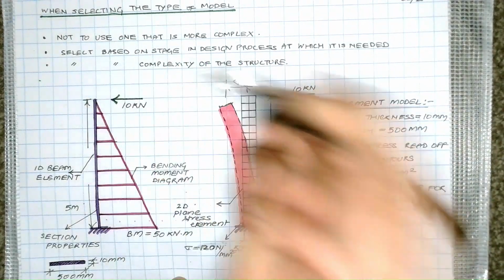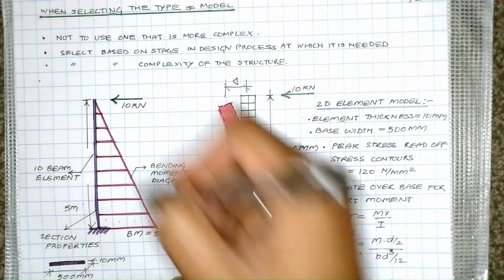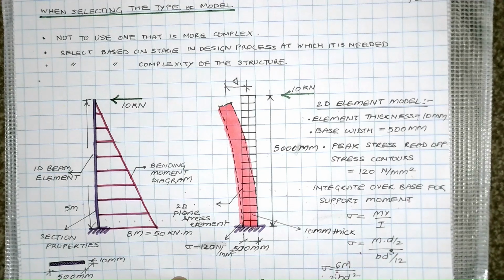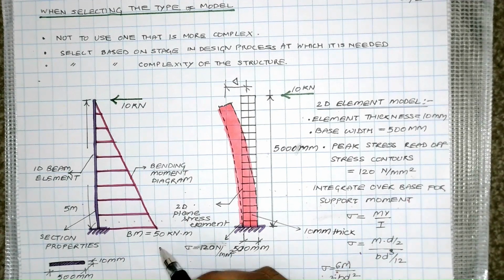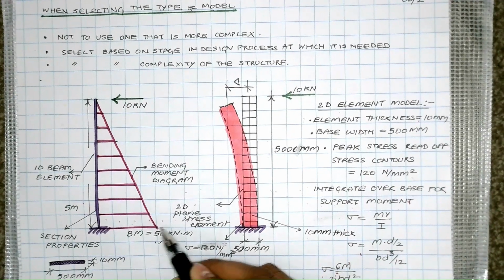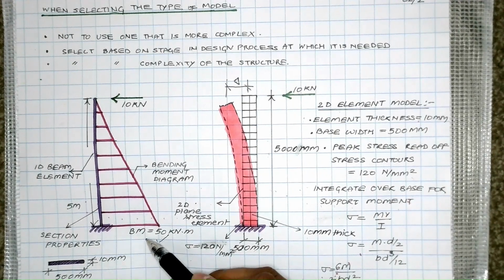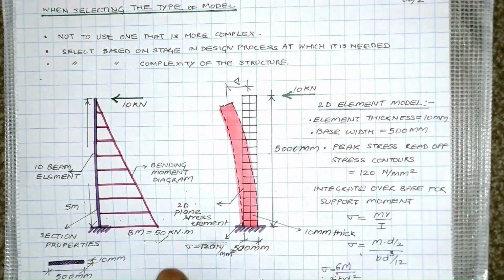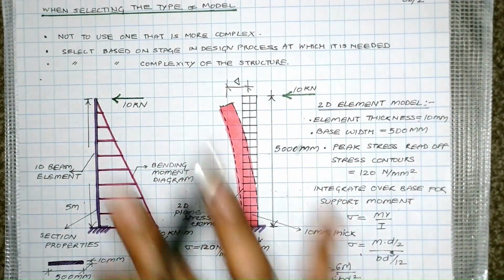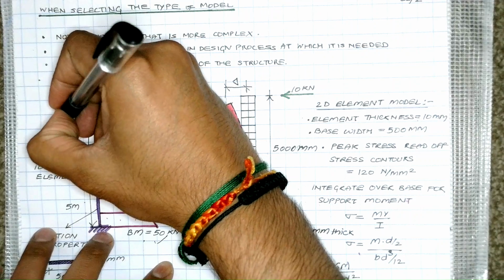I assign this property to this element, and then I apply a force of 10 kilonewton at the top, I get the bending moment diagram, and based on it I get my value of 15 kilonewton meter. I will design my element for these forces and then check whether it's okay or not.